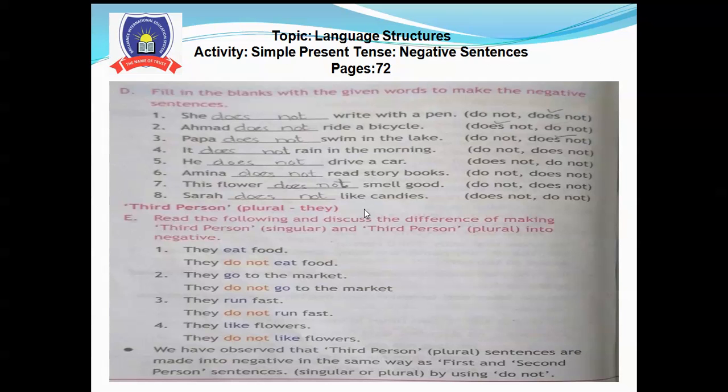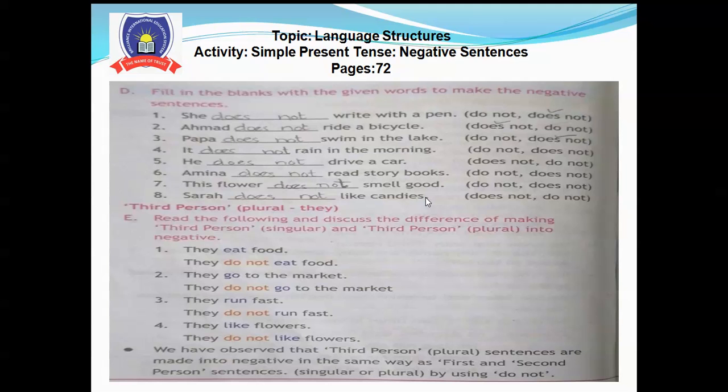Amina does not read a storybook. This flower dash smell good. This flower do not smell good. Here it will be do not, okay? So Sahara dash like candies. Sarah doesn't like candies.